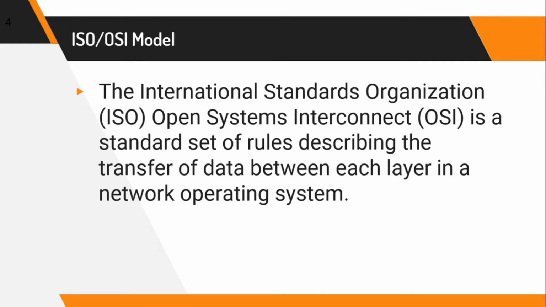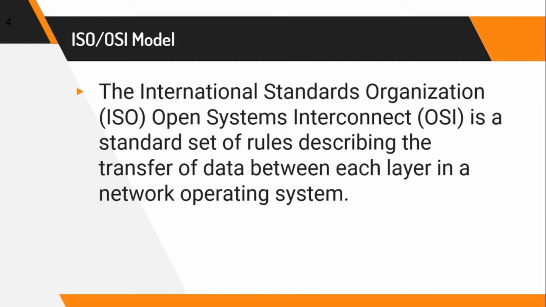The International Standards Organization or ISO, Open Systems Interconnect OSI, is a standard set of rules describing the transfer of data between each layer in a network operating system. Each layer has a specific function, for example, the physical layer deals with the electrical and cable specifications.